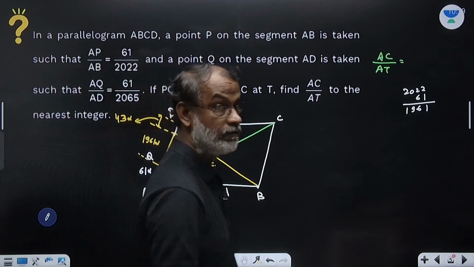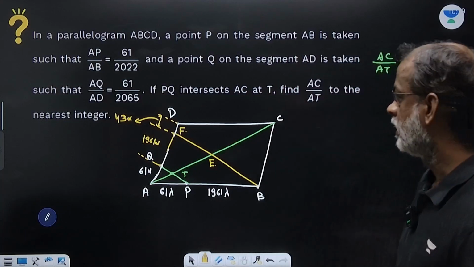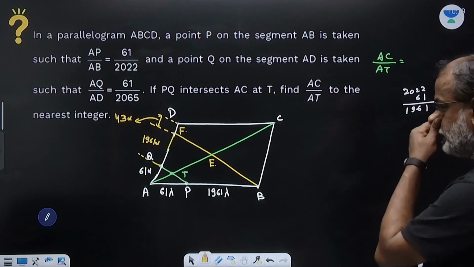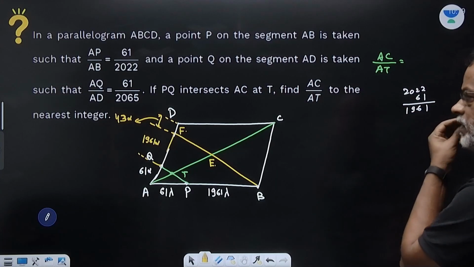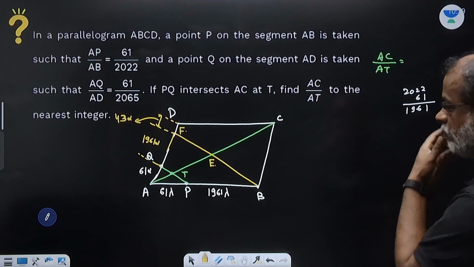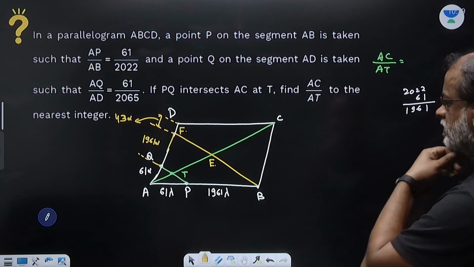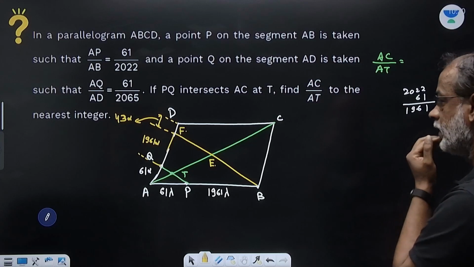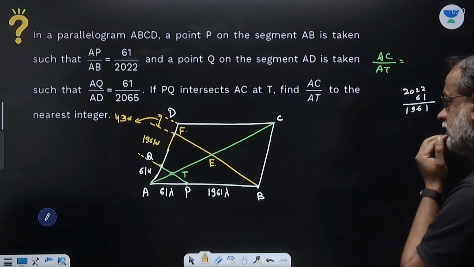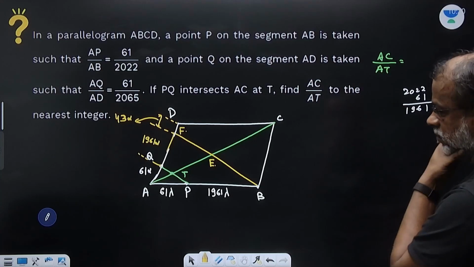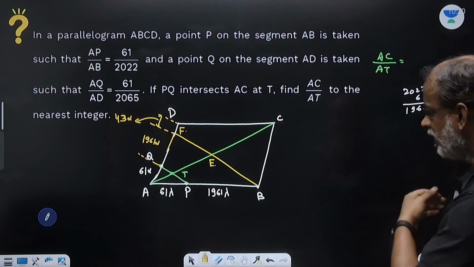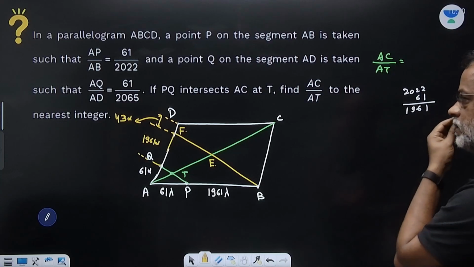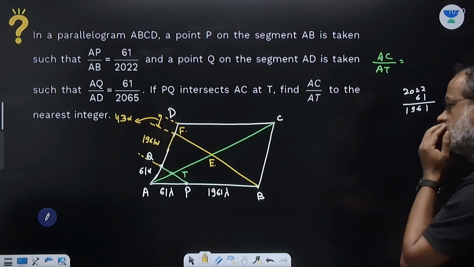Let us see what will be utilized, okay. Now, by similarity we will be proceeding now, okay. So, what we have to find is AC by AT. So, we can find AE and then AC, okay, fine now.